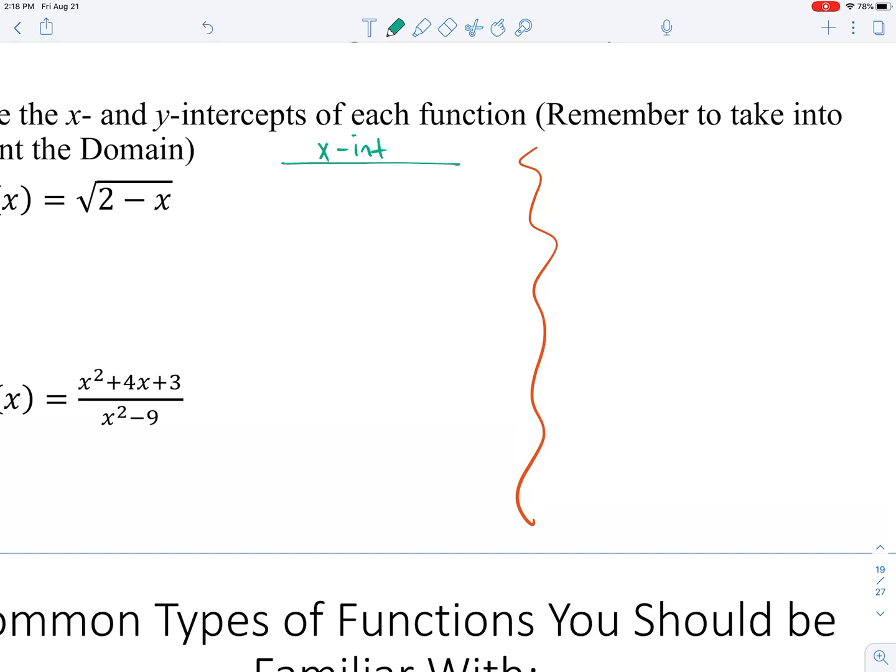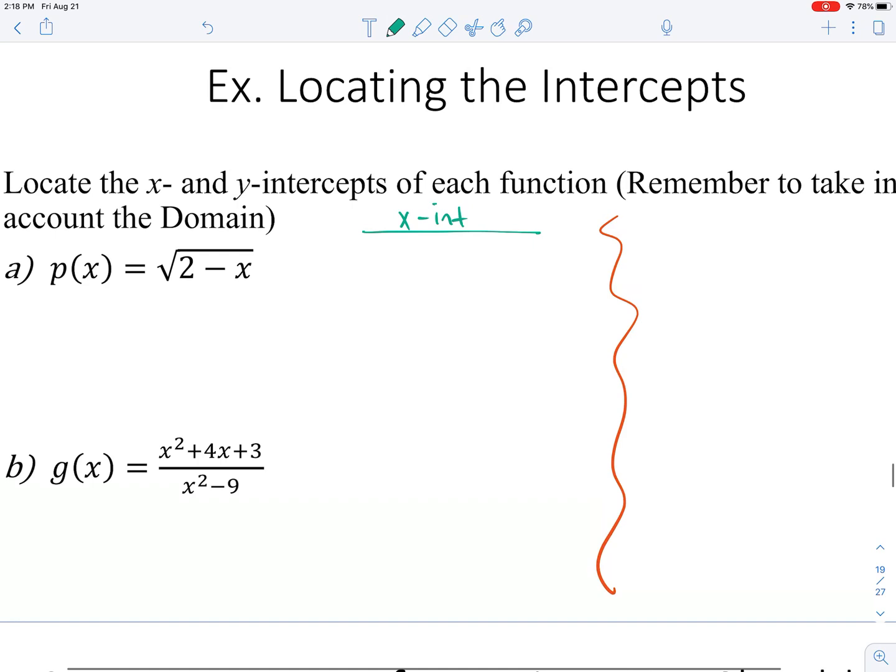And then on the right, I will locate the y-intercepts. So for both of these functions, why don't we find the x-intercepts first? Okay, so that's setting y equal to 0, and then solving for x.